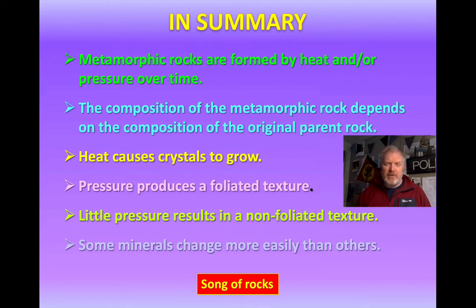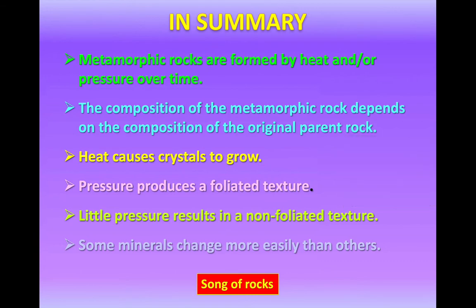The heat can have an effect as well, but only to a small degree. What heat does is it causes crystals to grow. Where we have lots of pressure, we get foliations. Where we don't have much pressure, we get this non-foliated texture. And some minerals, particularly clay minerals, change a lot more easily than others.